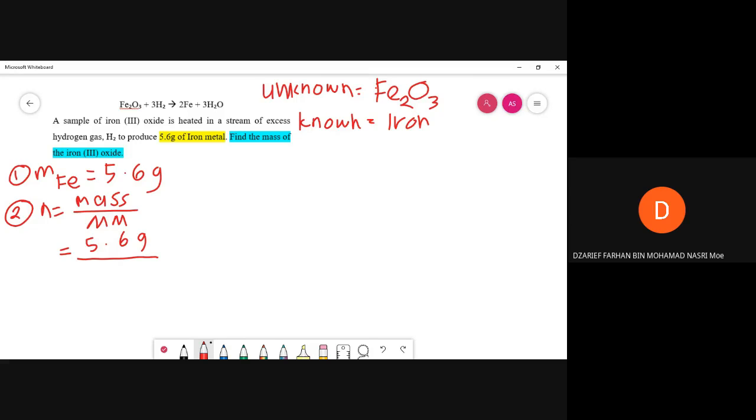Jumpa tak? Molar mass dekat periodic table tu. Page 275. Okay, the molar mass is 56 gram per mole.